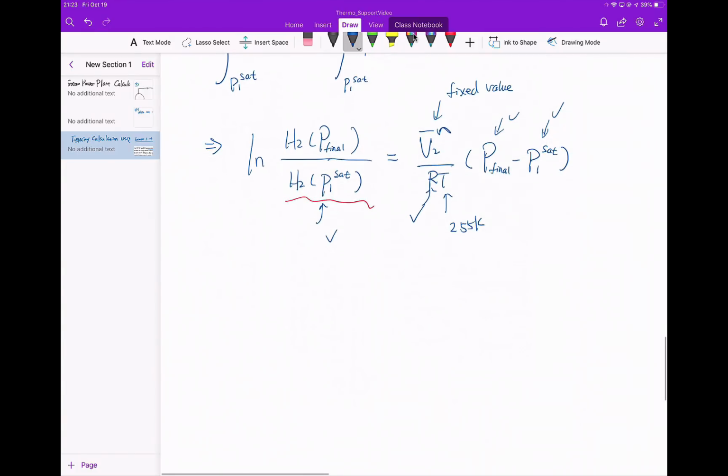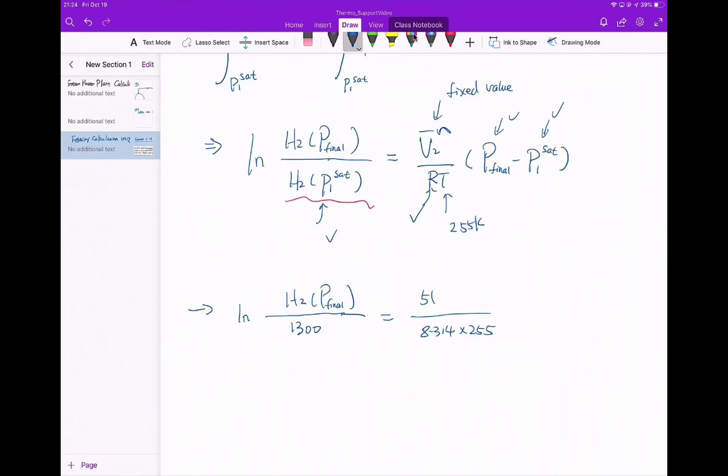So we are going to have this equation: log H2 at P final, that value we don't know, and Henry's constant depends on the pressure. This is V2 infinity, partial 51.